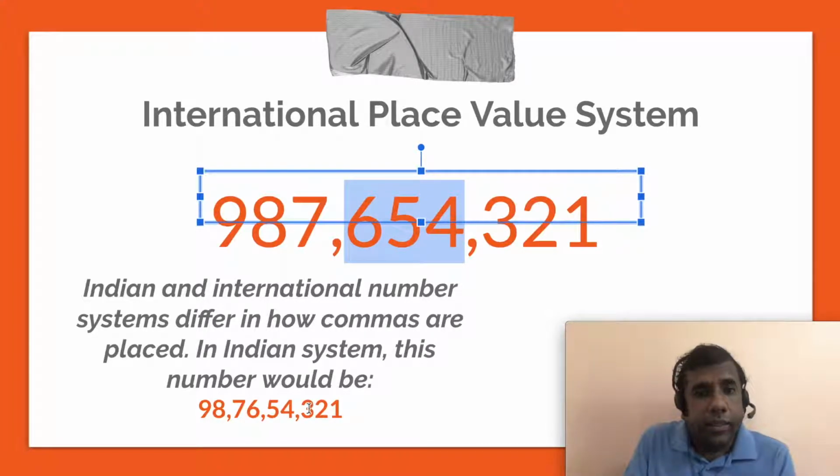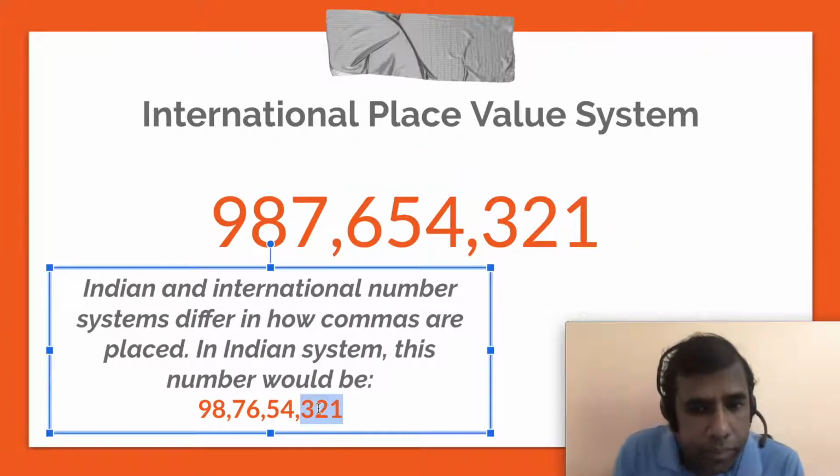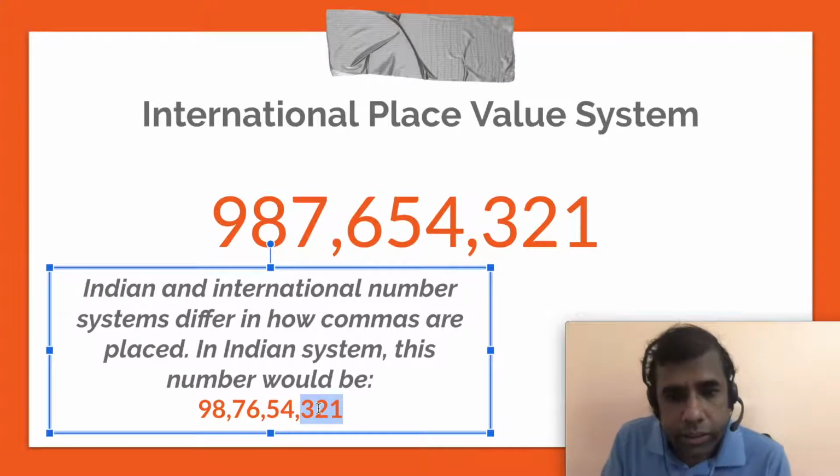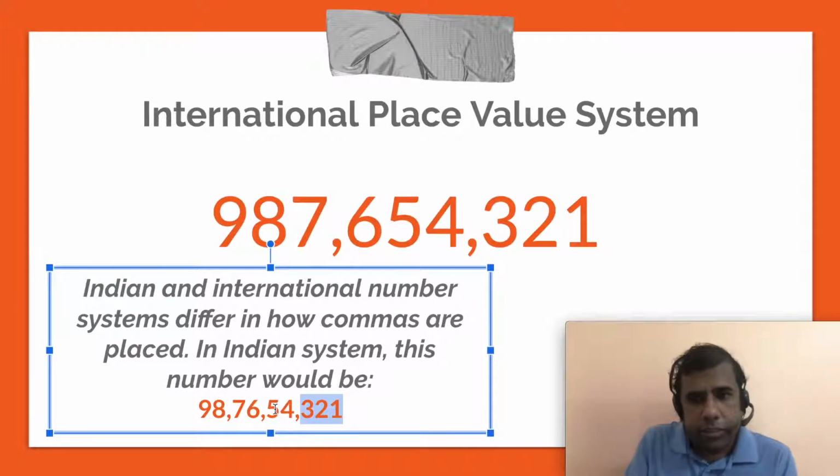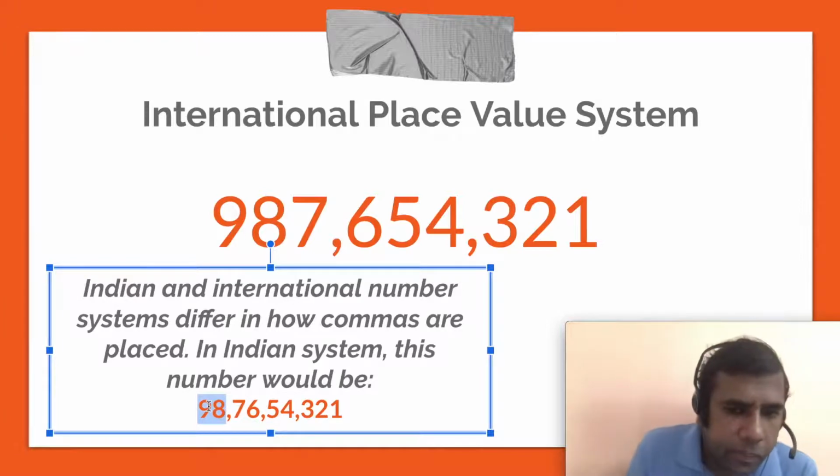In the Indian system, the same number written over here will have the rightmost period be the same, 321, 3 digits, but all the other periods are going to be of 2 digits, right? So we start from the right side and then move towards the left. The next period is going to be 54, then 76, and then 98.